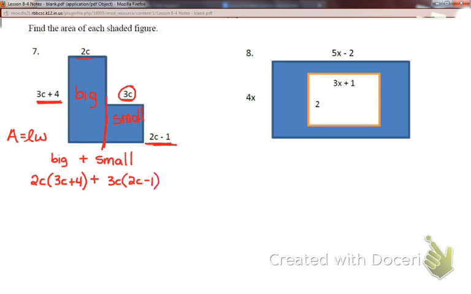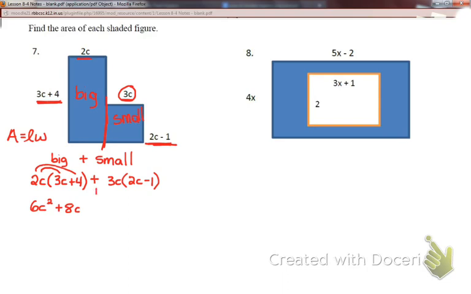So now you're going to do your distributing and then you're combining like terms. So in the first set here, before the plus sign, you have your 2c times 3c. That would be 6c squared. And then 2c times a positive 4 would be plus 8c.